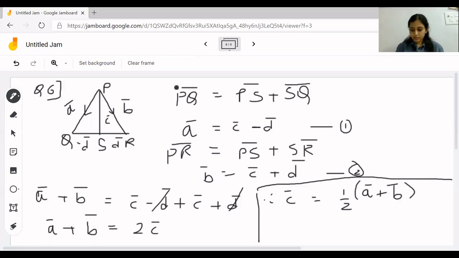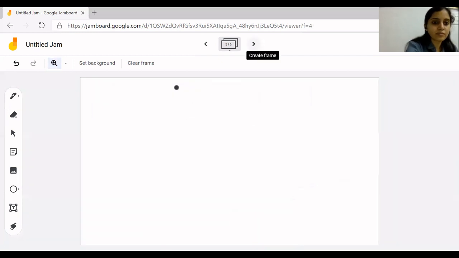Now we'll remove C bar in the given figure, to express C and D in terms of A and B. We will substitute for C bar in equation 2.